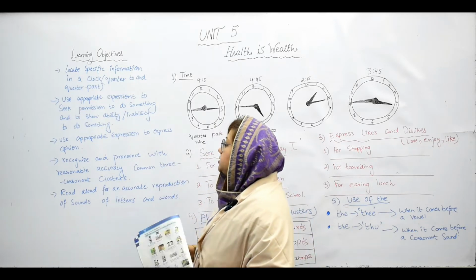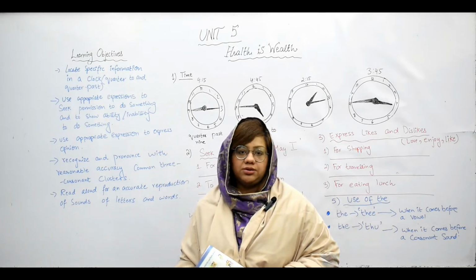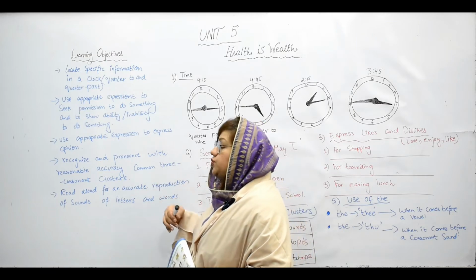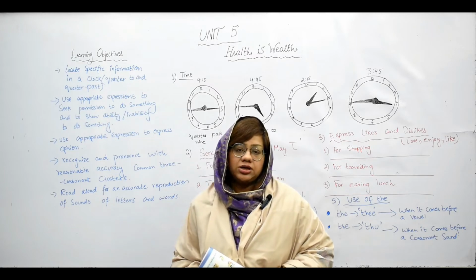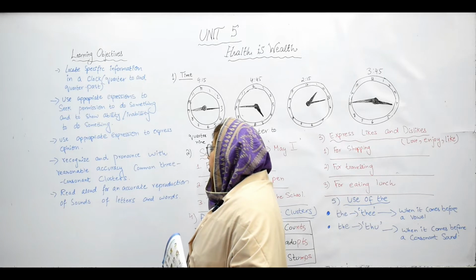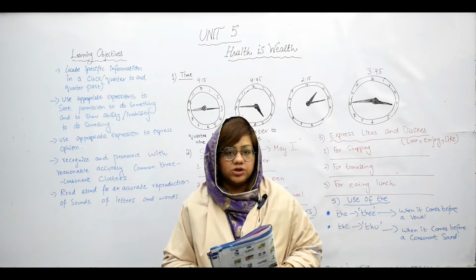Then we will discuss use of appropriate expressions to express opinion. After that, we will recognize and pronounce with reasonable accuracy common three consonant clusters. And at the end, read aloud for an accurate reproduction of sounds of letters and words.